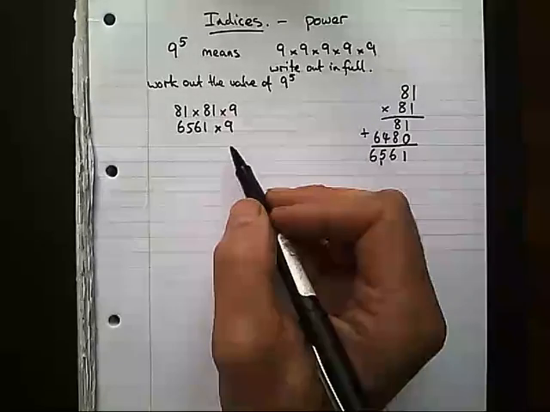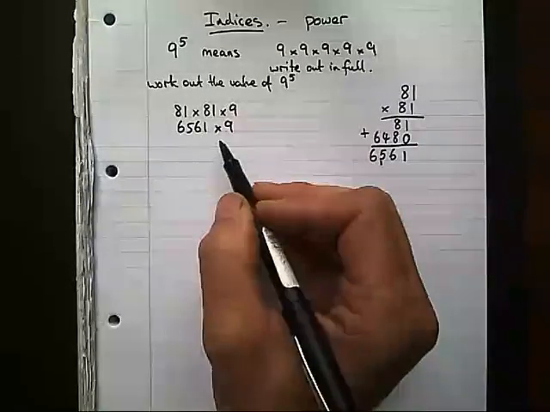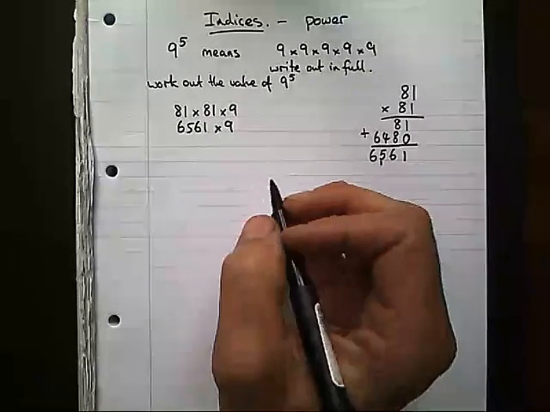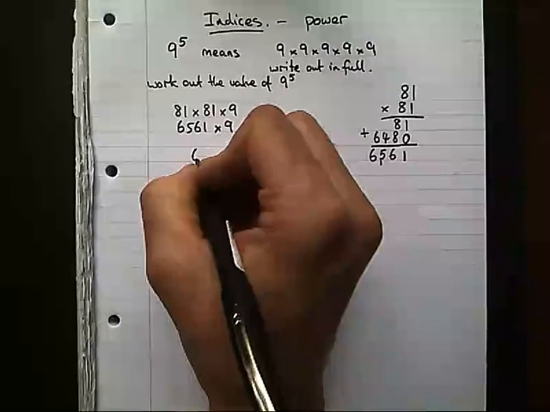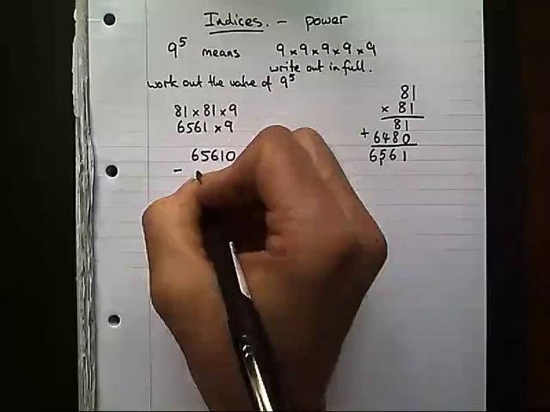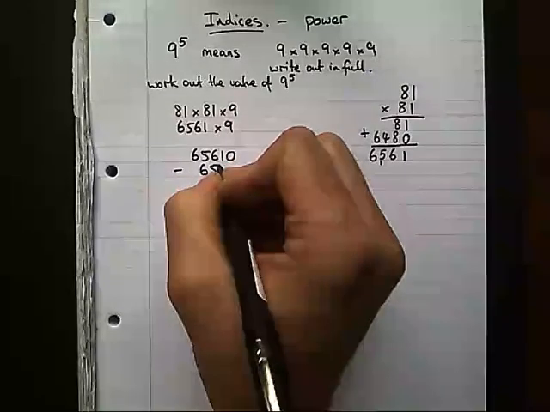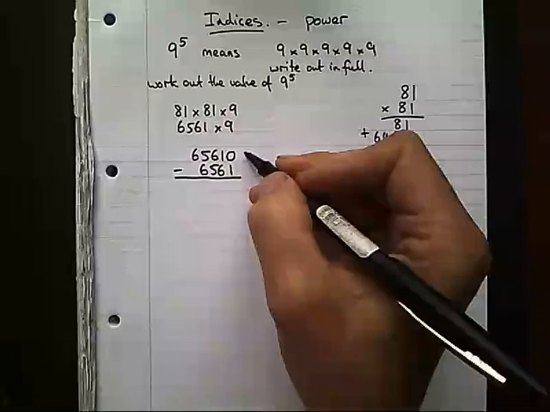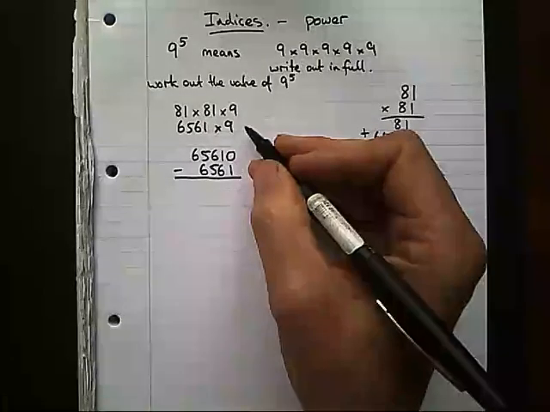So I'm going to times this by 10 and then take away one lot of 6,561. So what I've got is 65,610 take away 6,561. And that's the same as 10 lots take away 1 lot to get me 9 lots.